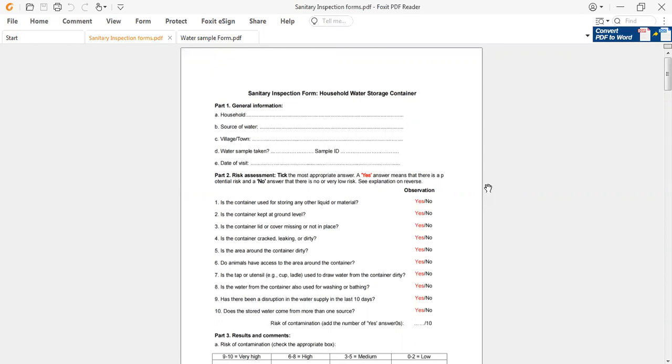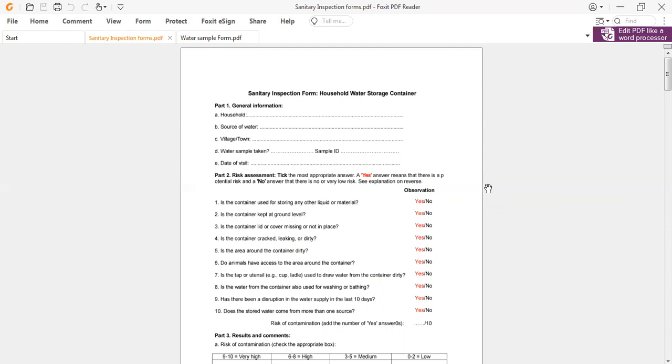Question 2 says, is the container kept at ground level? If the container is at ground level, that means not on a stand or somewhere safe, you tick yes. Question 3, is the container lid or cover missing or not in place? If the container is not covered, you tick yes. But if it's well covered, then you tick no.